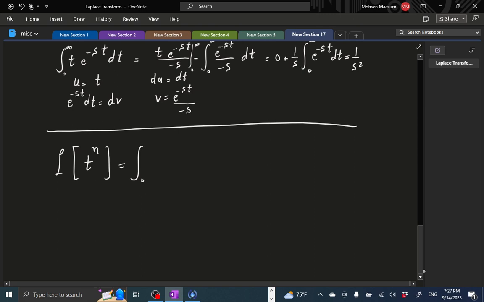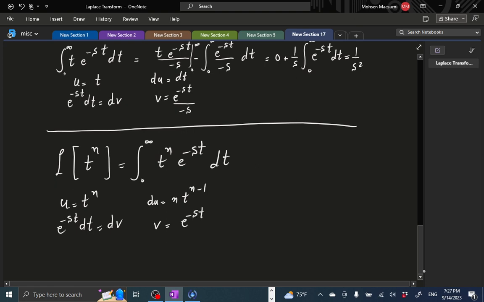Well, that would be the same integral as before: t to the power of n times exponential of minus st dt. As before, we are going to take our u to be t to the power of n, and exponential of minus st dt is going to be our dv. So du is going to be n t to the power of n minus 1, and v, as before, is going to be exponential of minus st over minus s.